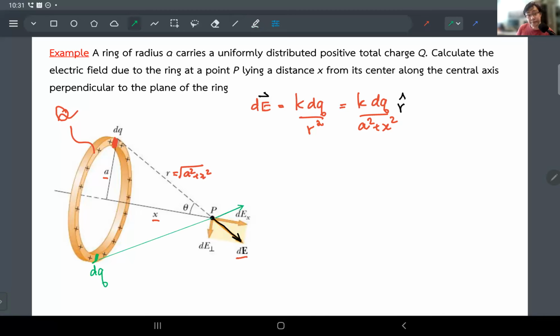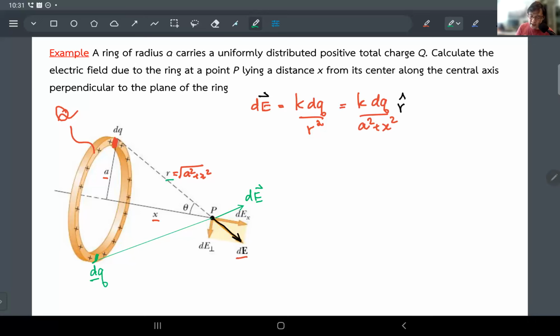But it's going to be the same dE expression. The magnitude looks the same because it's the same dq and the same distance r, so it's k dq over r squared. The only difference is that it now points upward a little bit.